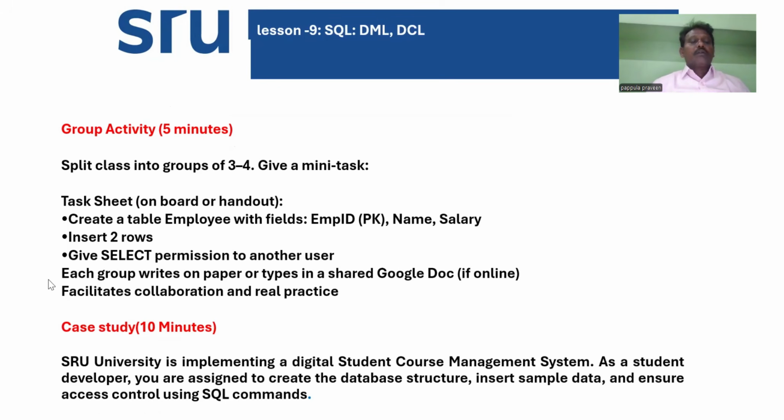Now we have a group activity using these commands. The class is split into groups of three to four people, and a minimal mini task is assigned to the students: creating a table employee with fields like employee ID, which is the primary key, name, and salary, inserting two rows, and giving the select permission to another user.